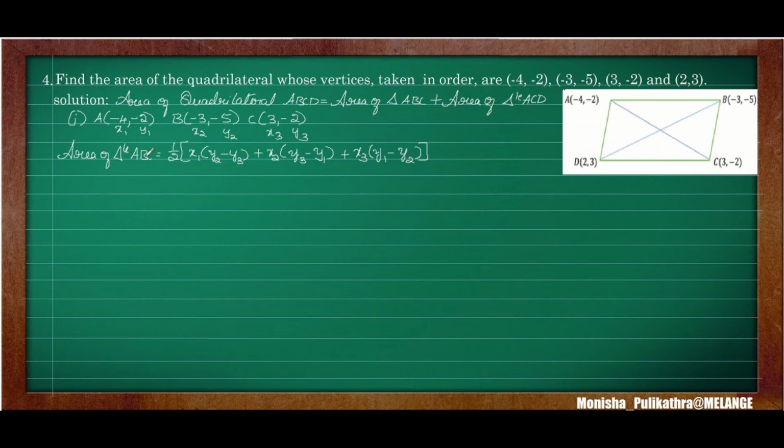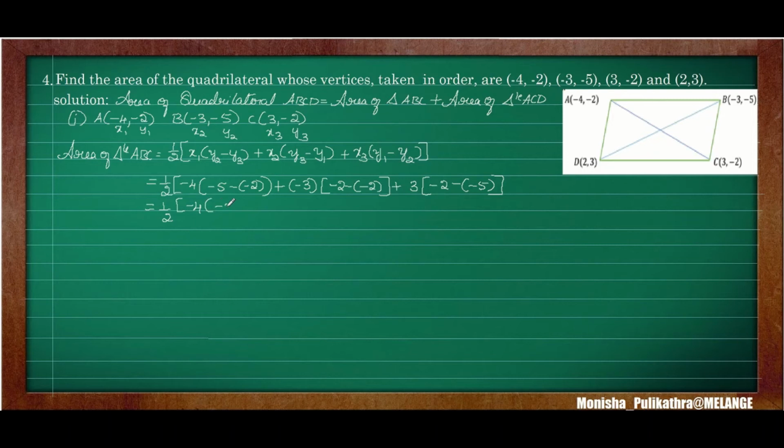Next we need to substitute the values. Half into x1, x1 is minus 4, into (y2 is minus 5 minus y3 is minus 2). So we need to put a bracket here. Plus x2 is minus 3 into (y3 is minus 2 minus of y1 is minus 2). Plus x3 is 3 into (y1 is minus 2 minus of y2 is minus 5). Okay. So we need to substitute it carefully.